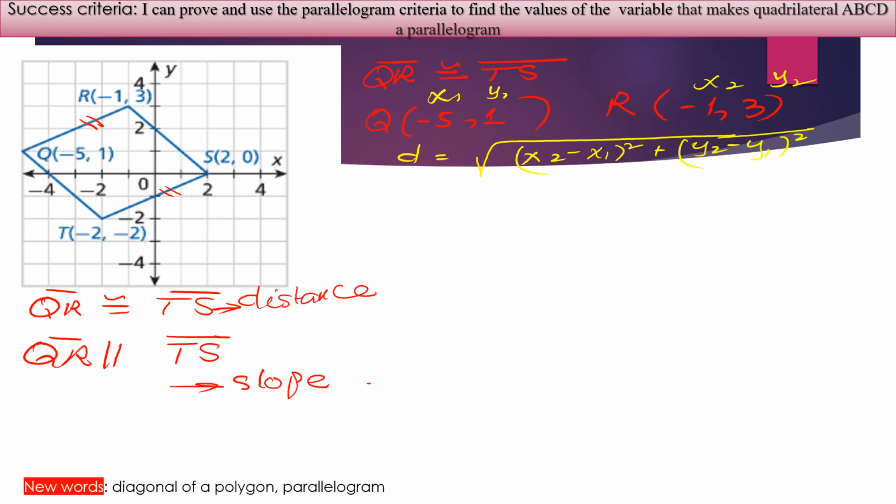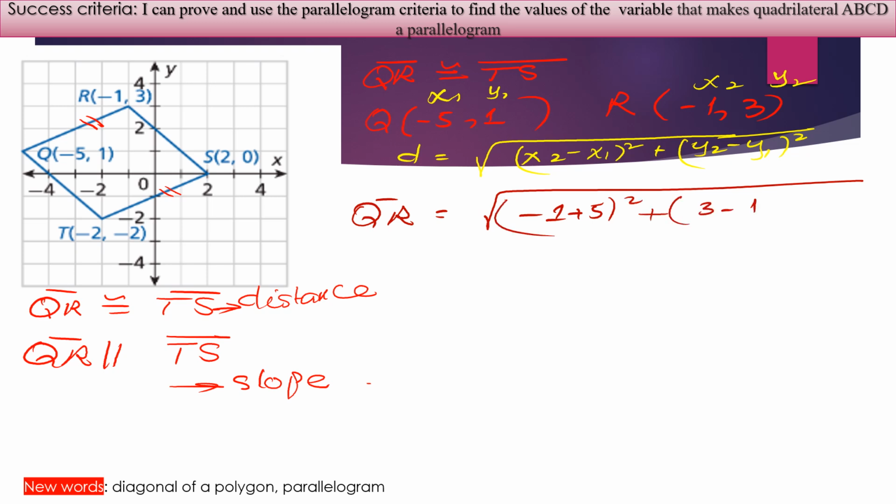Using this formula, let's find out the length of QR. So x2 is negative 1, x1 is negative 5, so plus 5, plus y2 is 3 minus 1 whole square. So 25... 16 plus 4, 20, square root of 20.